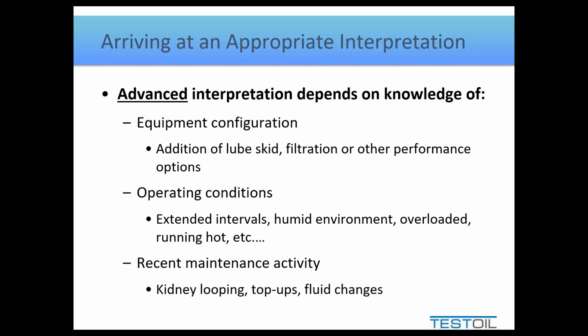If you've topped up some of the fluid or changed out some of the fluid, if you've applied any sort of secondary filtration, or you call it kidney looping or side stream filtration, all of these, of course, can take away some of the data that we're seeing on the oil analysis report and can explain some of the variances that we're seeing. So to do a really advanced interpretation, I'm suggesting these are the kinds of things that one must bring to the table, and the best person to do that is the actual end user.